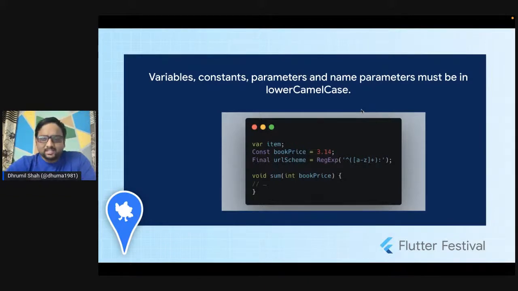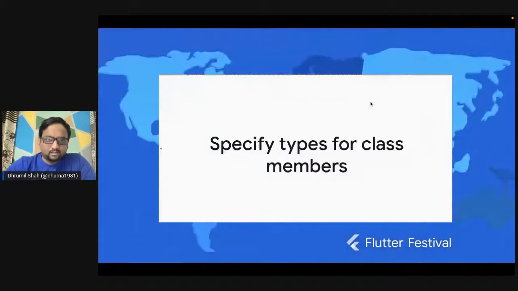I can see some comments that someone has written that this reminds them of Java. It's not just Flutter specific, but a very common naming convention that almost all languages follow. So I prefer that we follow the same thing here in Flutter as well.